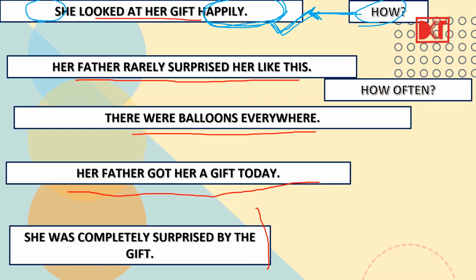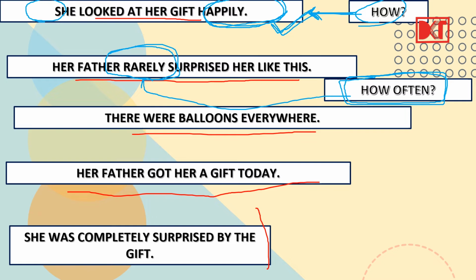Now next, the second sentence, her father rarely surprised her like this. Here, the question being answered is how often. How often is being answered by which word? Rarely. Okay.